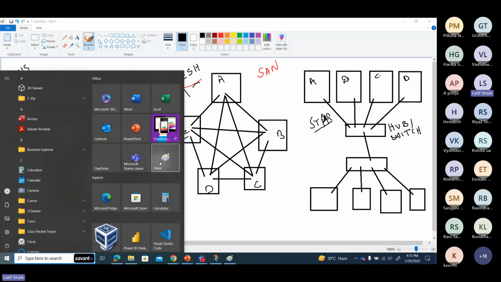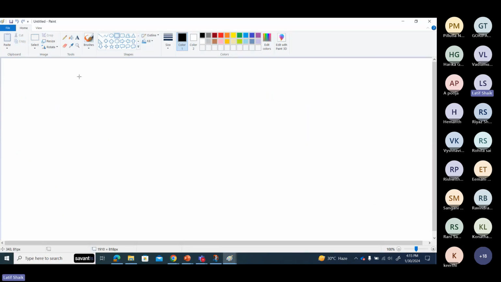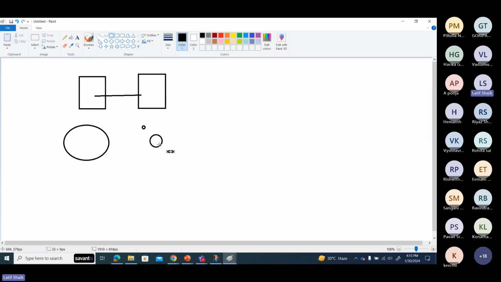For example, you have two computers and you connect them directly. It is also a point to point. You have a router and a router connected through some WAN connectivity. It is a point to point.